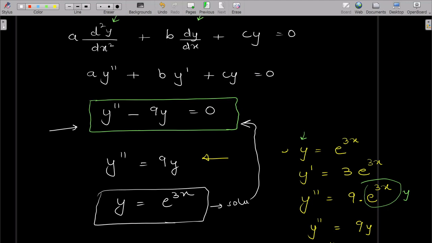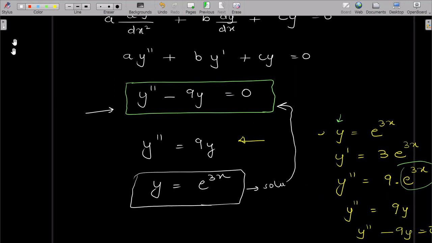Similarly, you can take any constant multiple of this function. For example, if I take y equals, let's say, 5 times e to the power 3x, would you say that this will also be a solution of this differential equation?